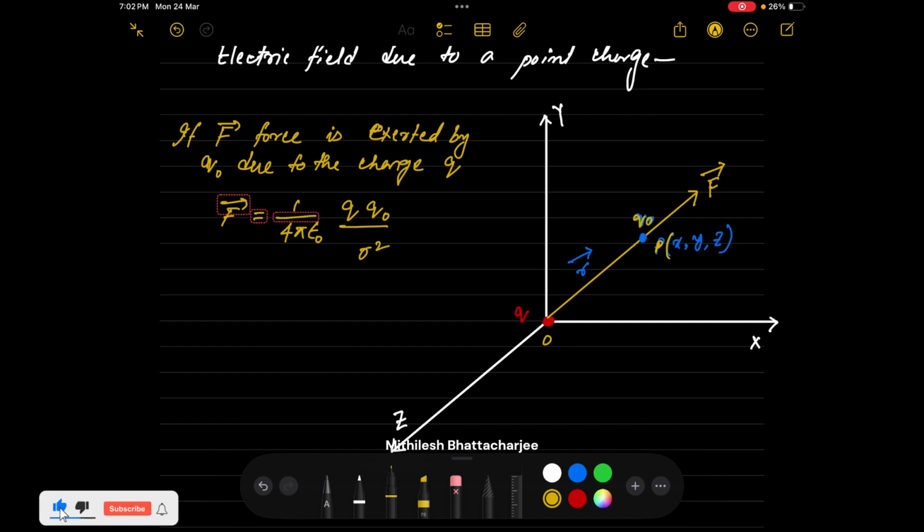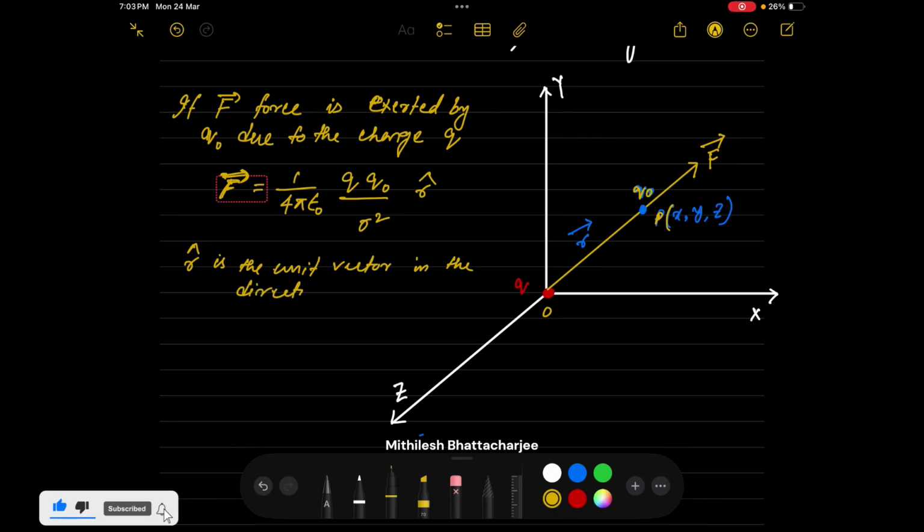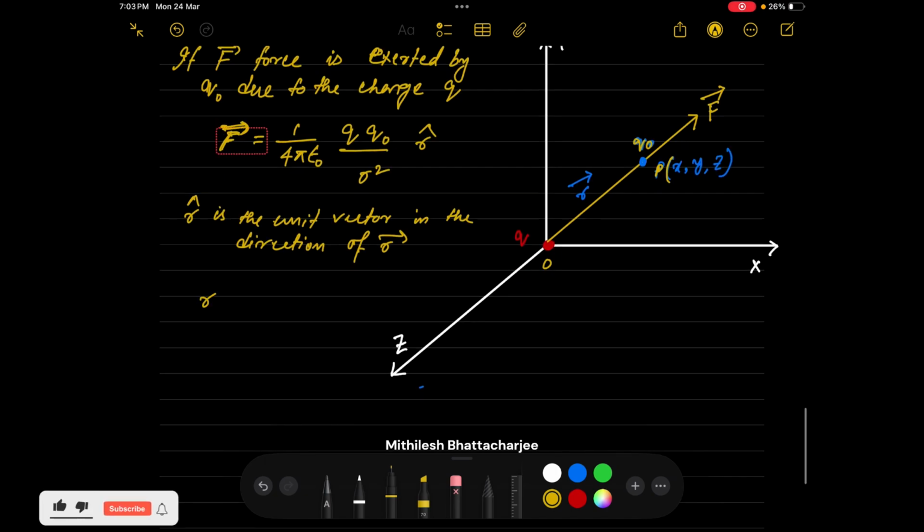Since this is the vector F, we have to write the r cap. R cap denotes the direction of the force, where r cap is the unit vector in the direction of r vector. So we know r cap is written as r vector by r.